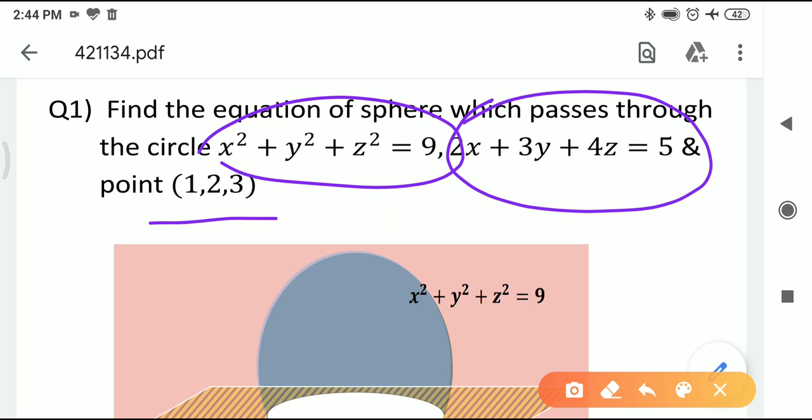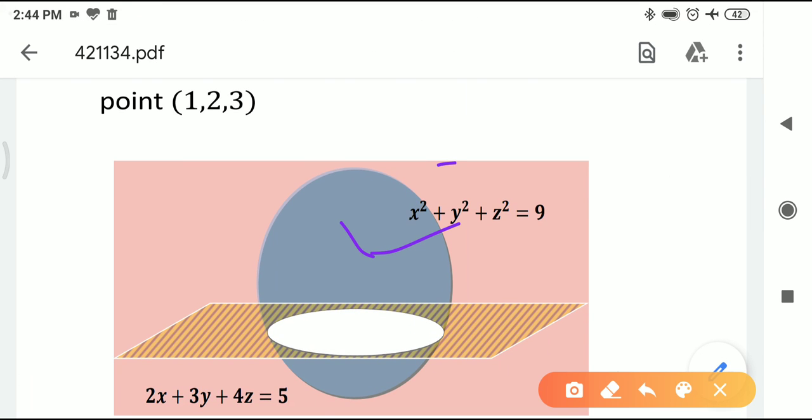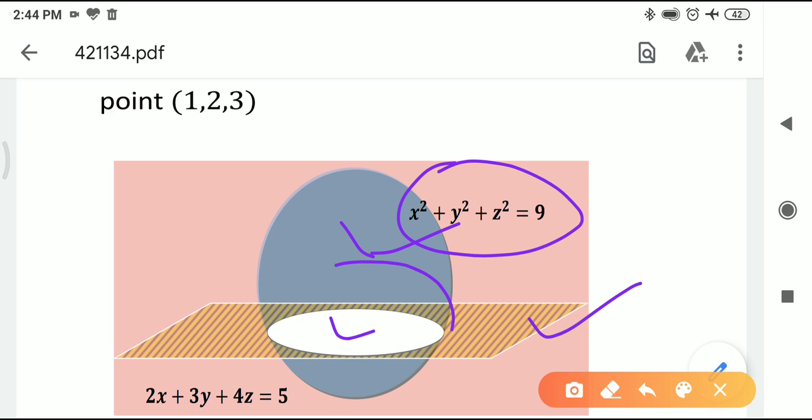If you look at the diagram, this is the sphere x square plus y square plus z square equal to 9. This is a plane, and because of these two we get a circle, and I want to find a new sphere which is passing through this circle, something like this.